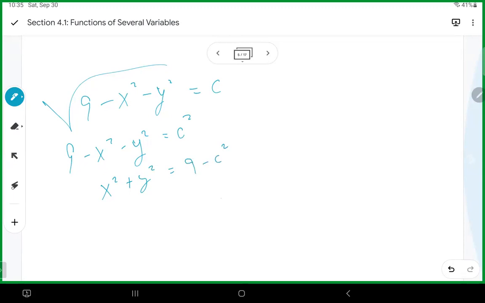So since 9 minus c squared is greater than 0, this describes a circle of radius square root of 9 minus c squared centered at the origin.